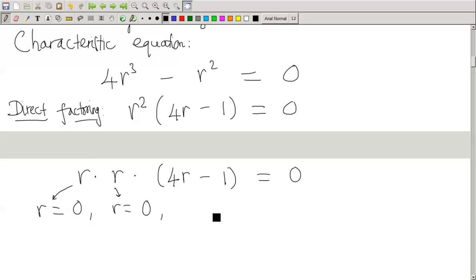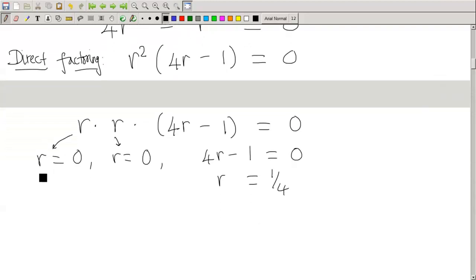And the last one will give us 4r minus 1 equals 0, which means that r is a quarter. Now we may label r0, r1, r2, r3. We have 3 values of r. And so y1 will be e to the 0x, which is 1.